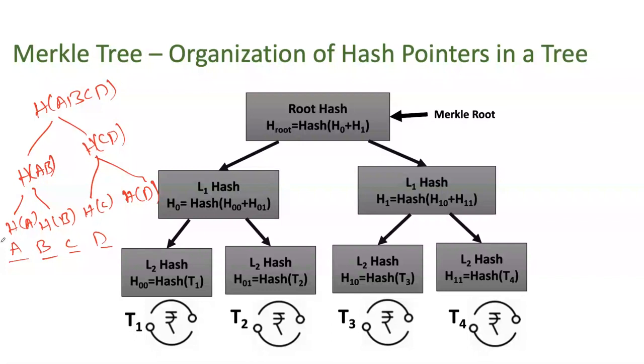All the remaining intermediate nodes and the root node follow the hierarchical hash pattern. That means if any change happens in any of these hashes, it must be updated in the Merkle root.